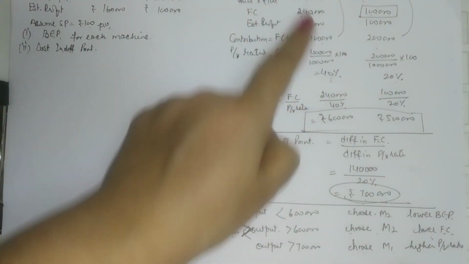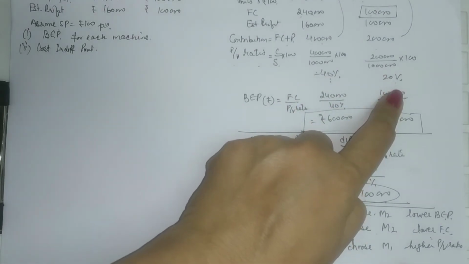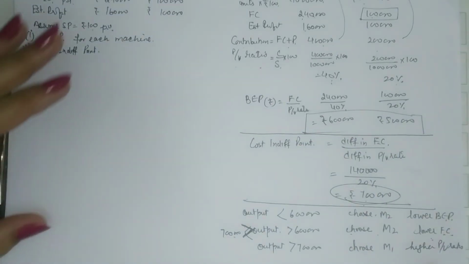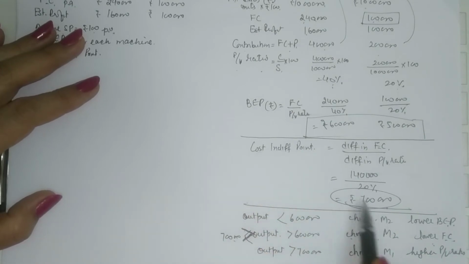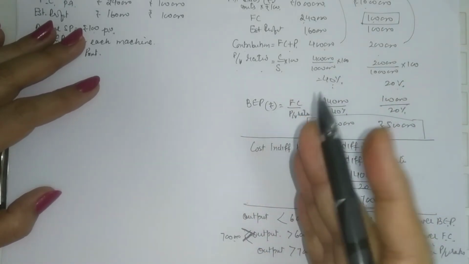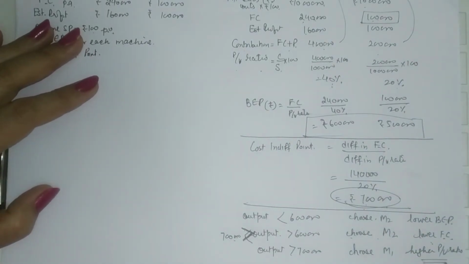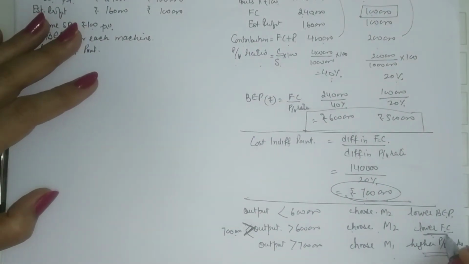So herein, every sale will contribute 40% towards profit, and here the sale will contribute 20% towards profit, which implies that you should choose method 1, machine 1. So we can say that the cost indifference point is the basic bifurcation: if you go beyond that, choose the method with higher profitability, and below this choose the method with lower fixed cost.